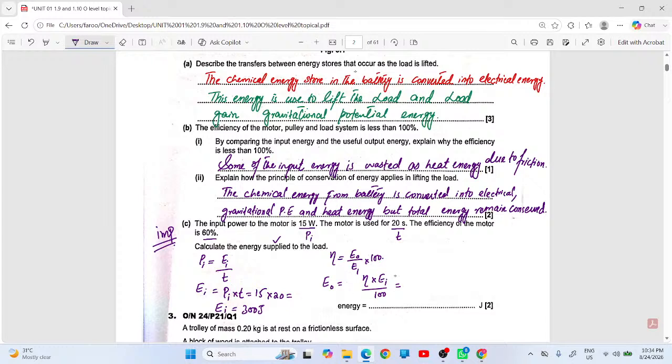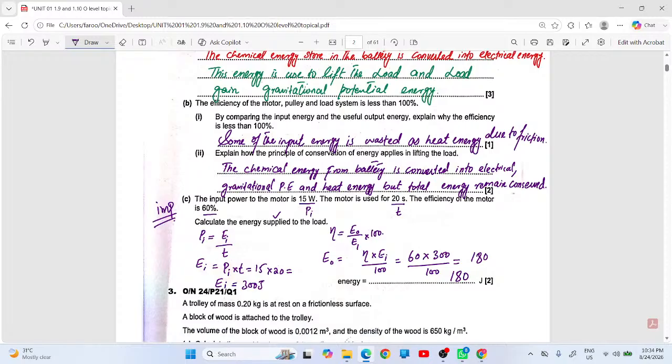Efficiency is 60, input energy is 300, divided by 100. 180 joules is the output energy supplied to the load.